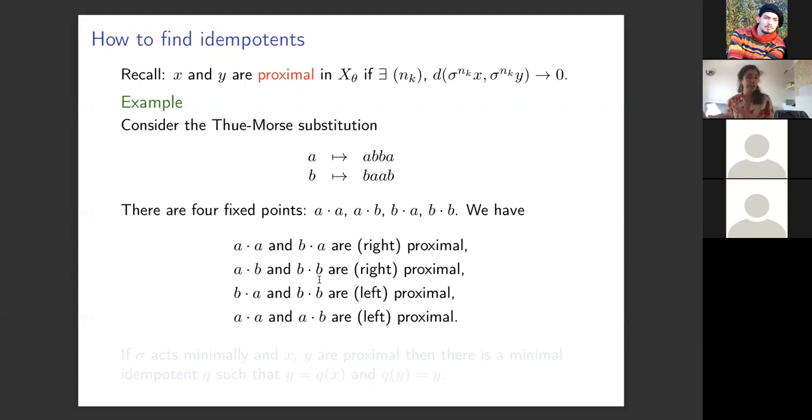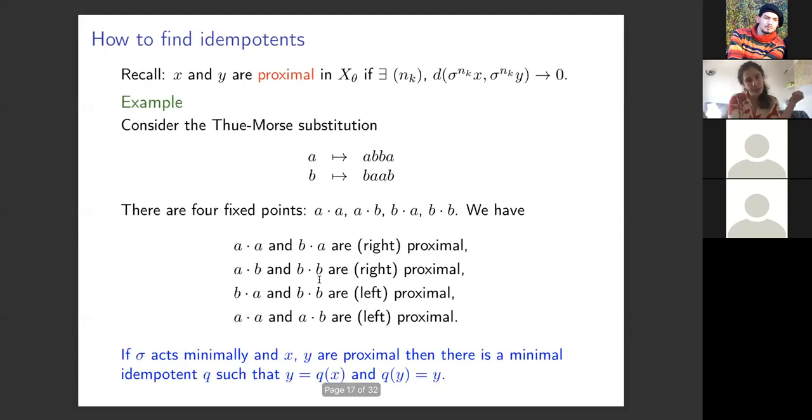I can also look at left proximality. Okay, so here I have 4 pairs of proximal points. Okay, and now the general theory guarantees me, because my substitutions are primitive, the shift acts minimally, that for every pair of these proximal points, there's an idempotent which sends one to the other. Okay, so in principle, there could be 8 of them then, 8 idempotents.